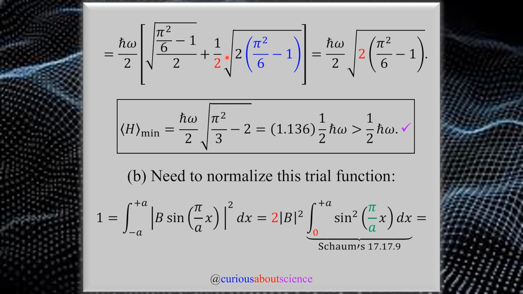And now we put that 2 into the square root, and that turns it to a 4 over 2 overall, and that leads us to a 2 inside. So that's how we have a simplification down to h bar omega over 2 times the square root of pi squared over 3 minus 2, which when you do the numbers goes to about 1.136.